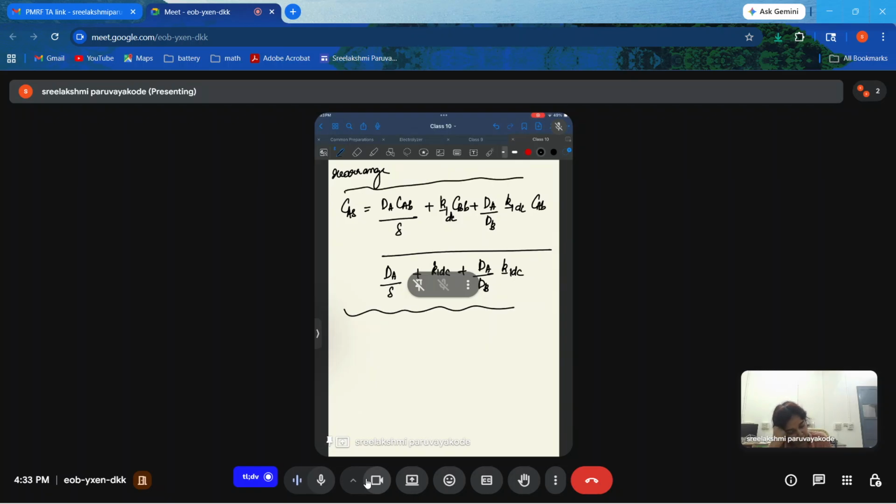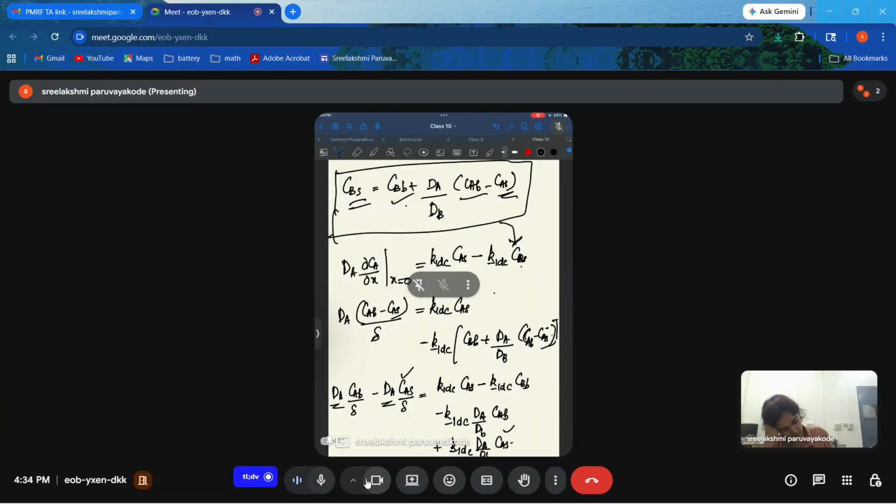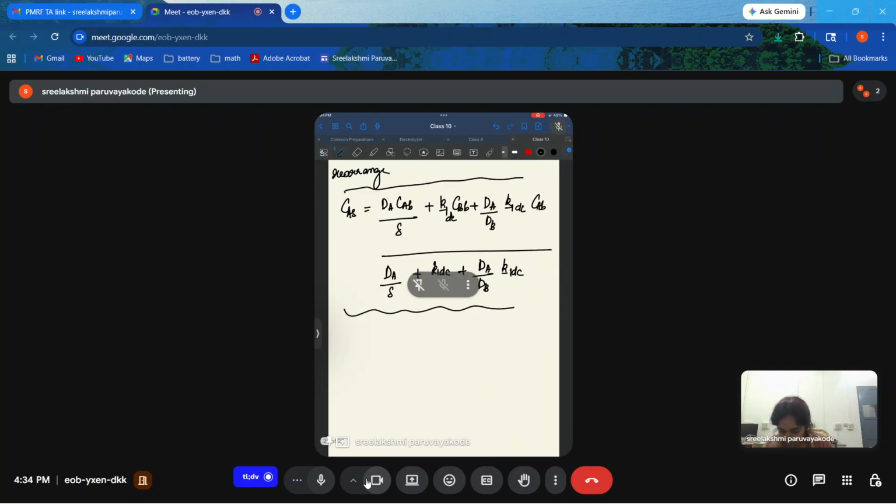So once you find out Cas, you can go back and substitute in this expression. Here what you can do is take out dB, divide by dA, get rid of dA, and then when you rearrange, you will get this expression.